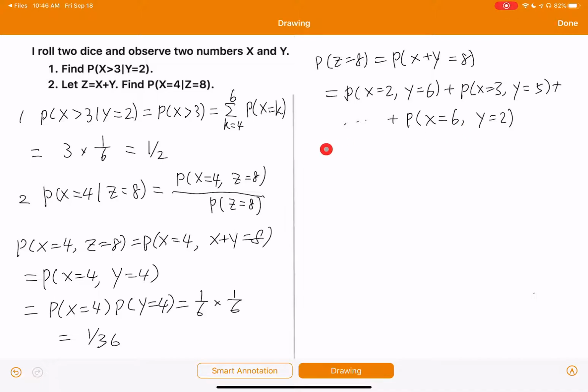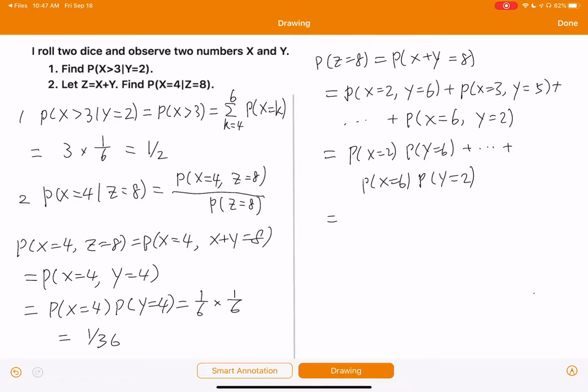So this is equal to, because in each of these items x and y are independent, for example, the first item would be probability of x equals 2 multiplied by probability y equals 6. Plus, and the last item is probability x equals 6 times y equals 2.